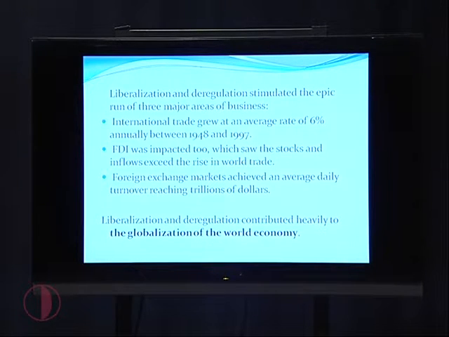Second, FDI, foreign direct investment, was impacted too, with stocks and inflows exceeding the rise in world trade. And third, foreign exchange markets achieved an average daily turnover reaching trillions of dollars. So liberalization and deregulation contributed heavily to the globalization of the world economy.